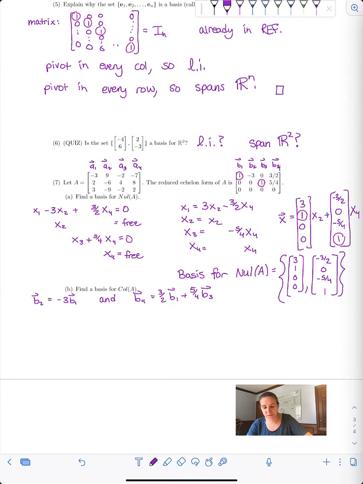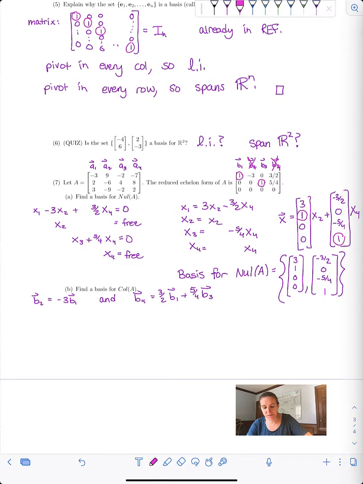So we don't really need those two columns in order to get the span of the columns in this reduced echelon form. Well, the original matrix has the same column relationships as the reduced echelon form, because Ax equals 0 has the same solutions as the reduced echelon form of A times x equals 0.